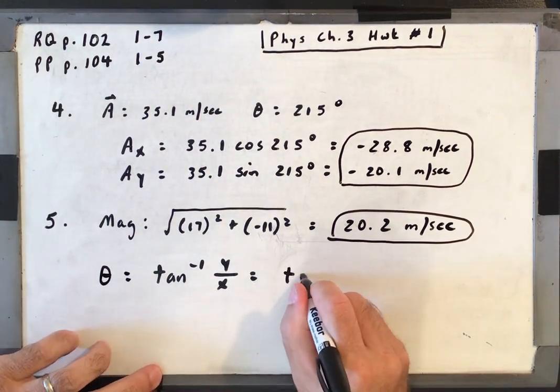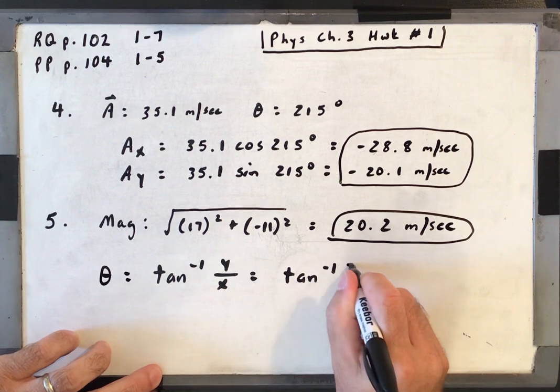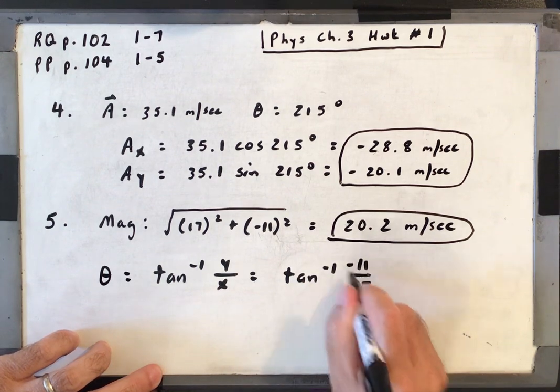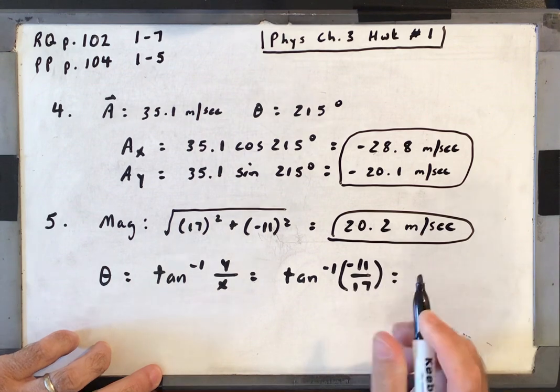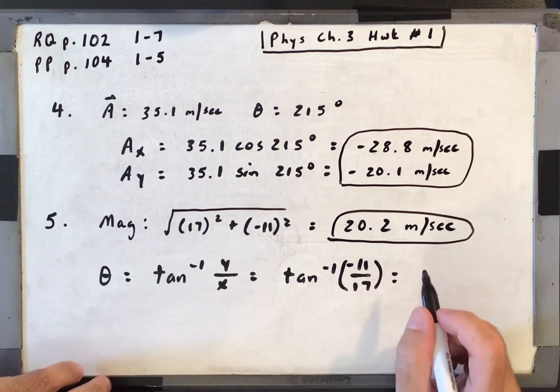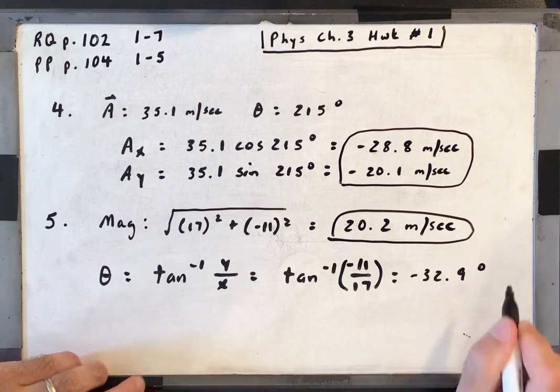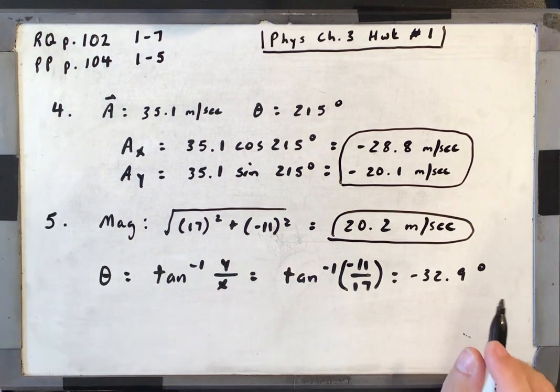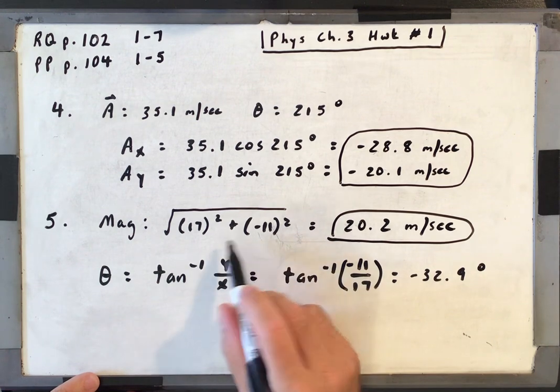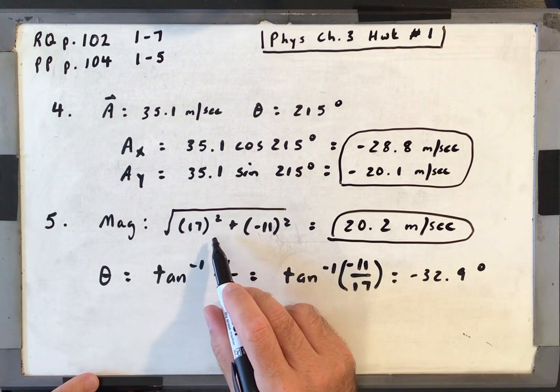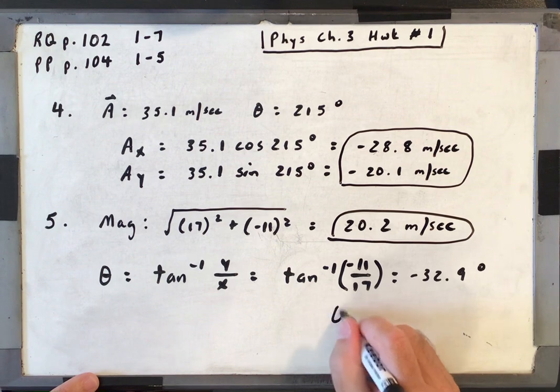So inverse tangent, negative 11 over 17. Now your calculator is going to tell you that's negative 32.9 degrees. But we're not going to report it that way. So what quadrant are we in? Well, y is negative, that's down, x is positive. So that's quadrant 4, isn't it?